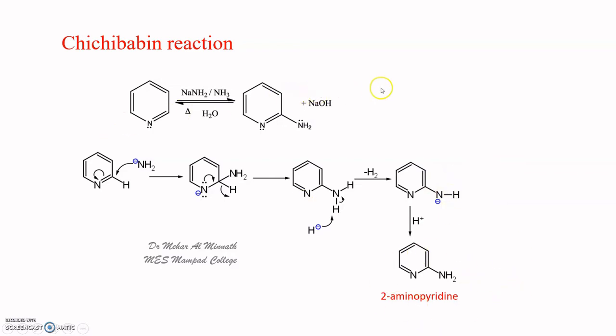The Chichibabin reaction is an important reaction in heterocyclic chemistry. So there also the SNAr mechanism is followed, that is, addition followed by elimination: addition by the nucleophile followed by elimination of the proton or the substituent on the ring.